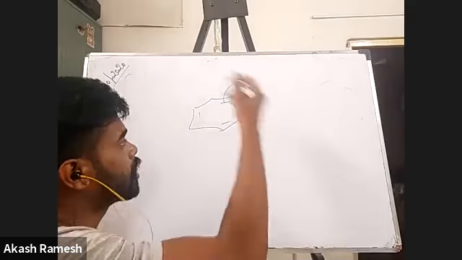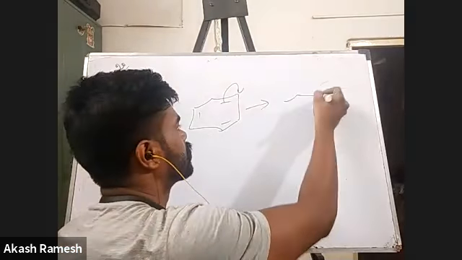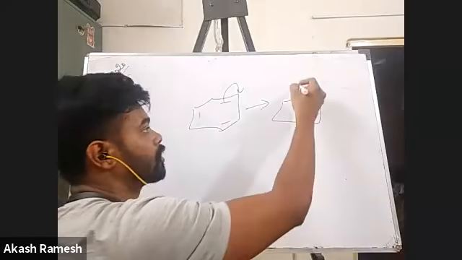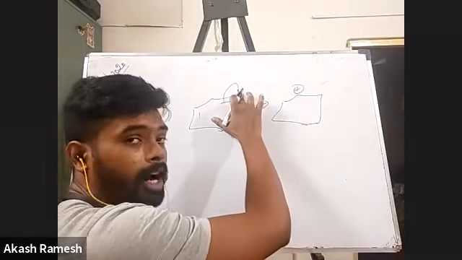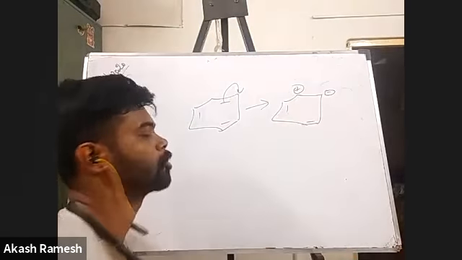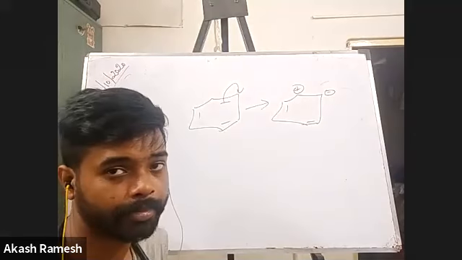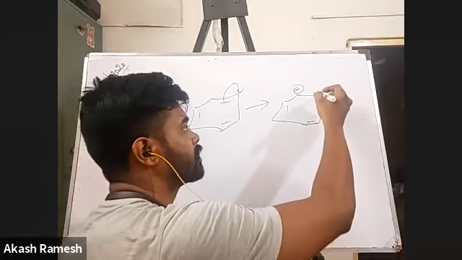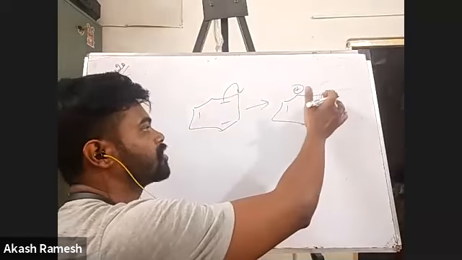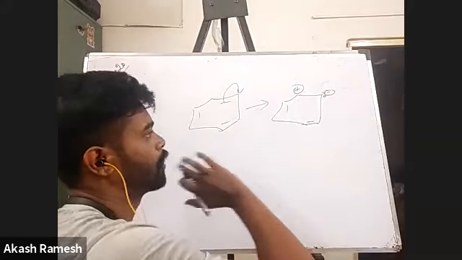So if this undergoes heterolytic cleavage, this carbon atom has lost an electron, so there'll be a positive charge, and this carbon atom has gained an electron, so there'll be a negative charge, and the other 2 bonds stay fixed. Both the electrons are lost here, and that's why there's a positive charge.